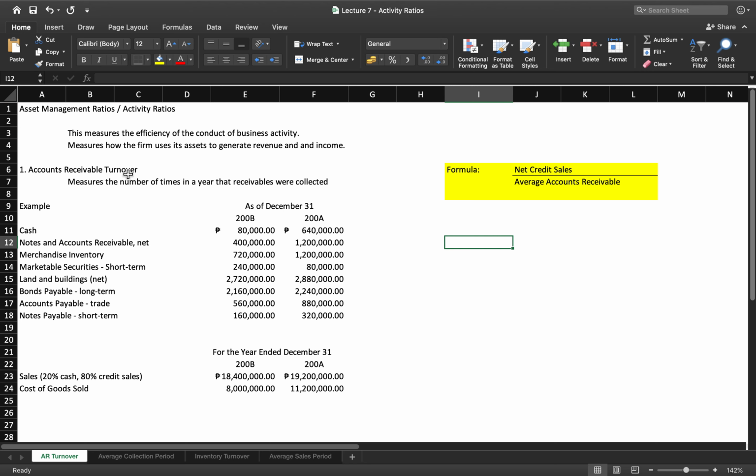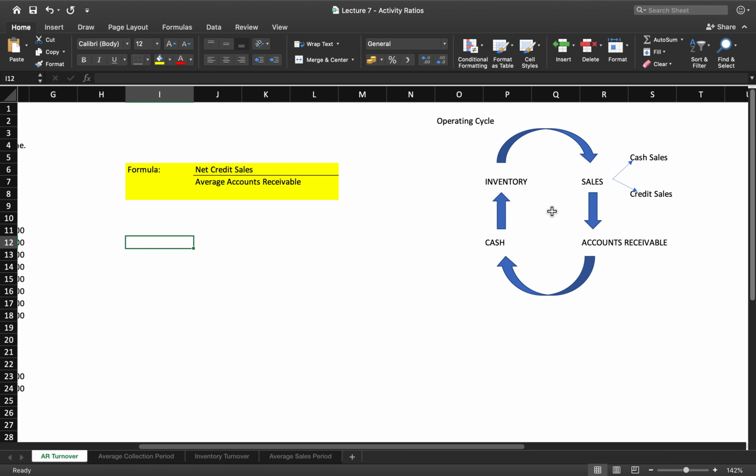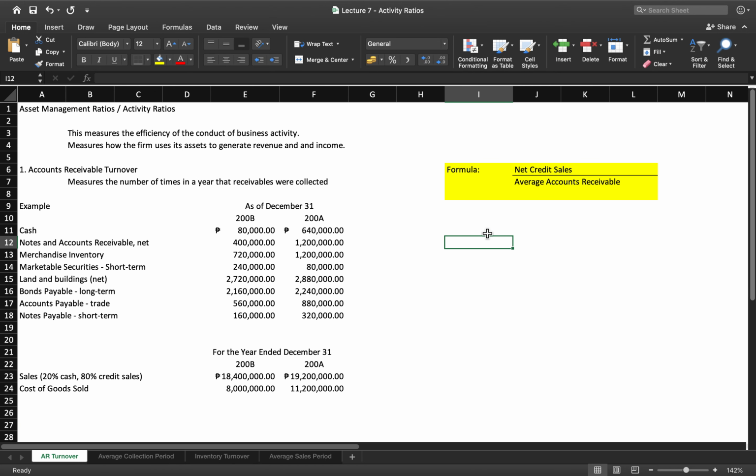The asset management ratios under it have four formulas, but all of these formulas are interconnected, and when we look into it, these form parts of what is called the operating cycle. Okay? So, let us first discuss R2 or the accounts receivable turnover.